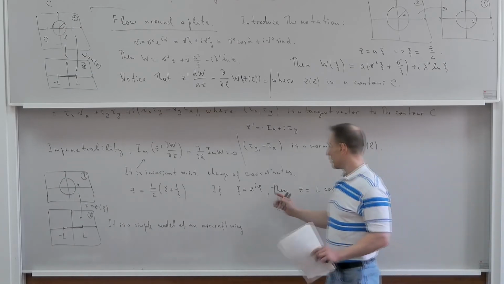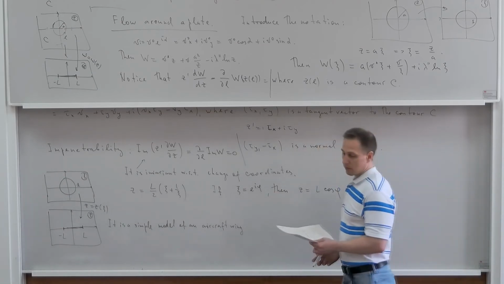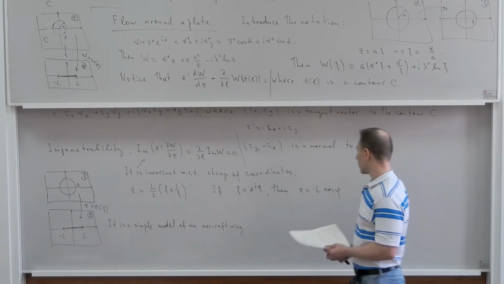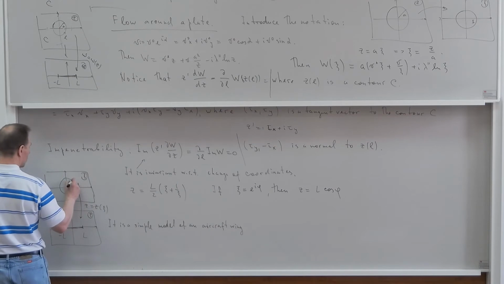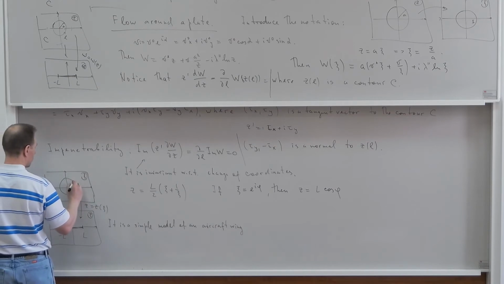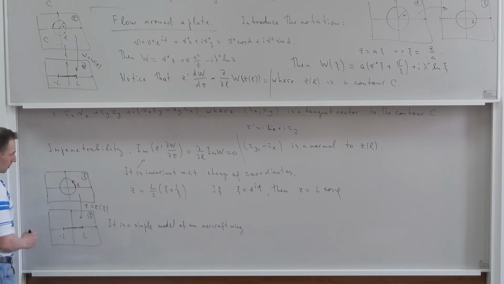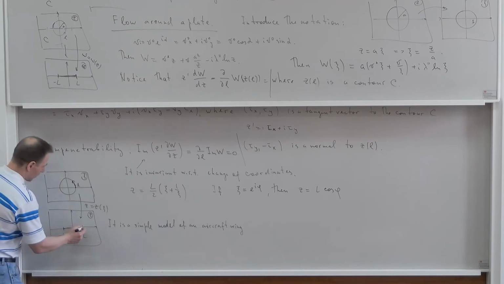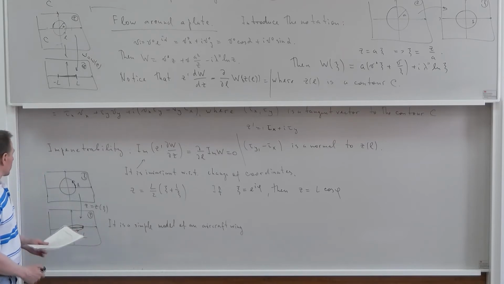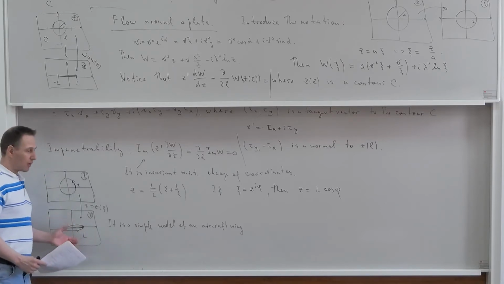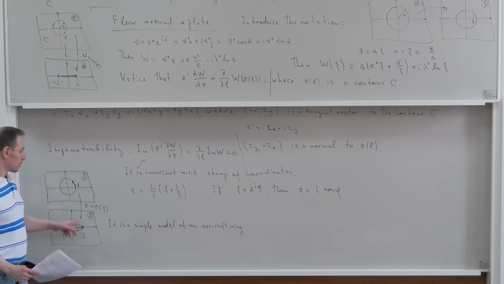Thus we see that indeed when phi runs from 0 to 2 pi along this circle, then the points in the z plane run around this segment.